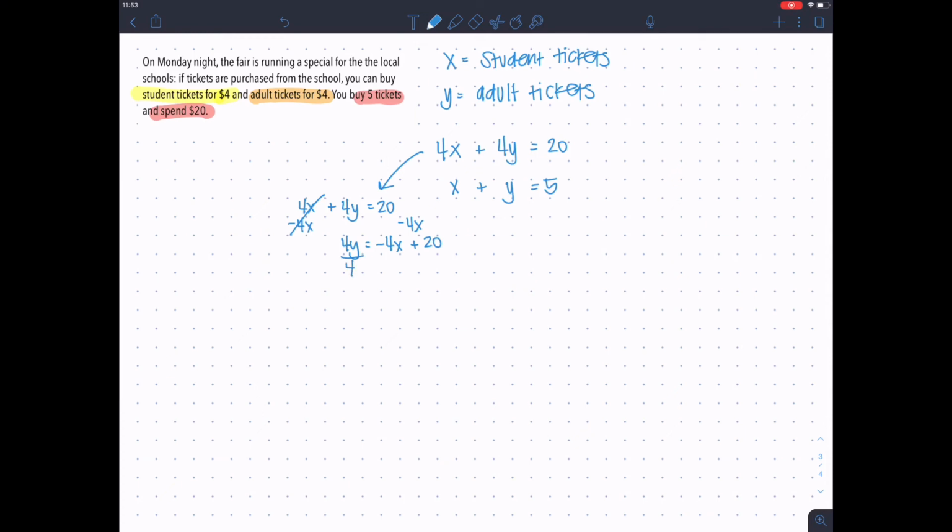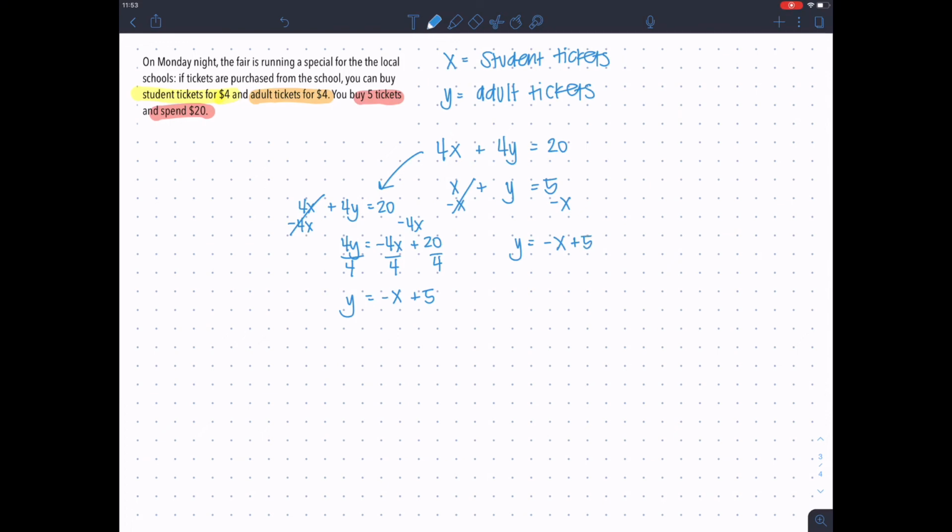Divide everything by 4, and I'm left with y equals negative x plus 5 here. And then this equation, I'm going to get it into slope-intercept form. So I'm going to subtract x from both sides, and I have y equals negative x plus 5.